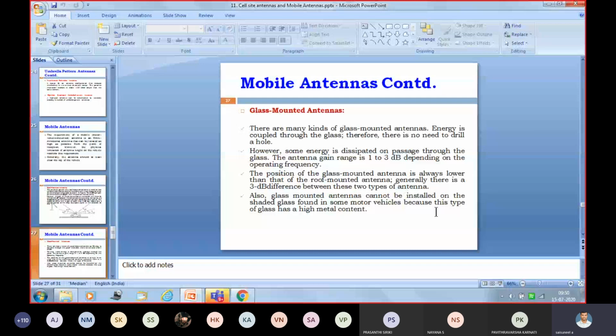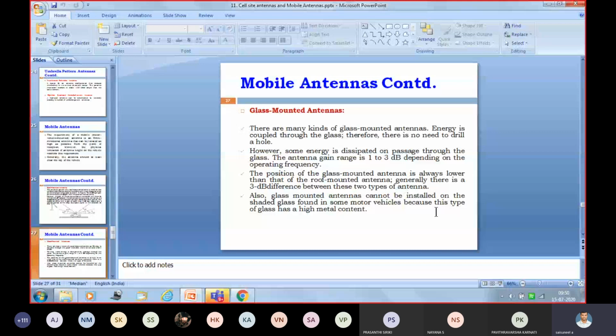These glass mounted antennas cannot be installed on shaded glass. Your mobile screen is a perfect, clear glass, not a shaded glass.